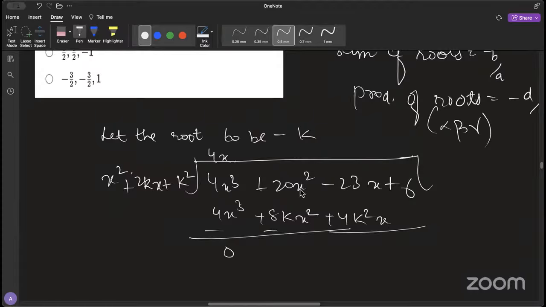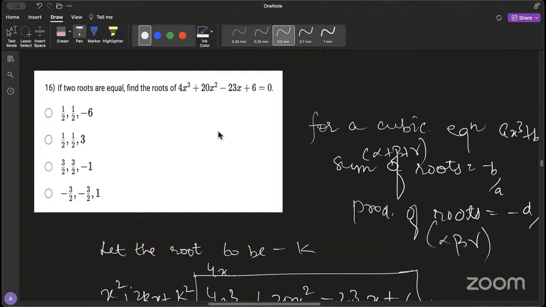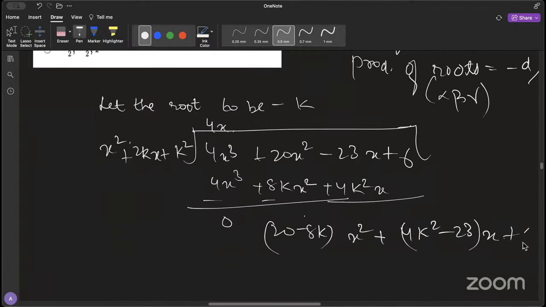This will give you 0. This will give you 12k. No. This will give you 20 minus 8k x square. This will be 4k square minus 23x. And this will be 6.